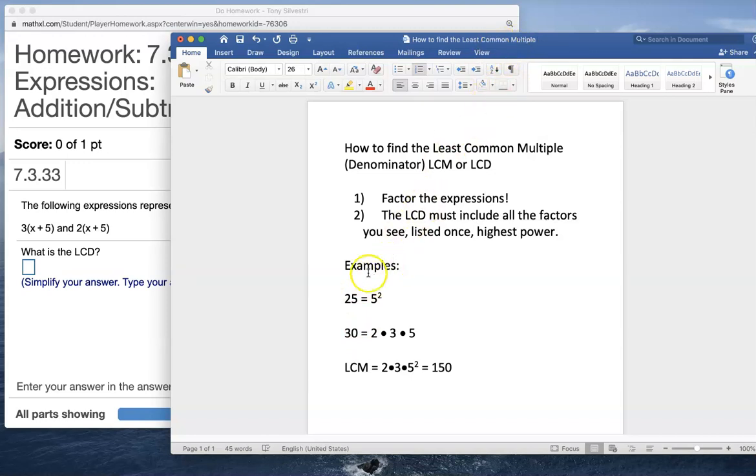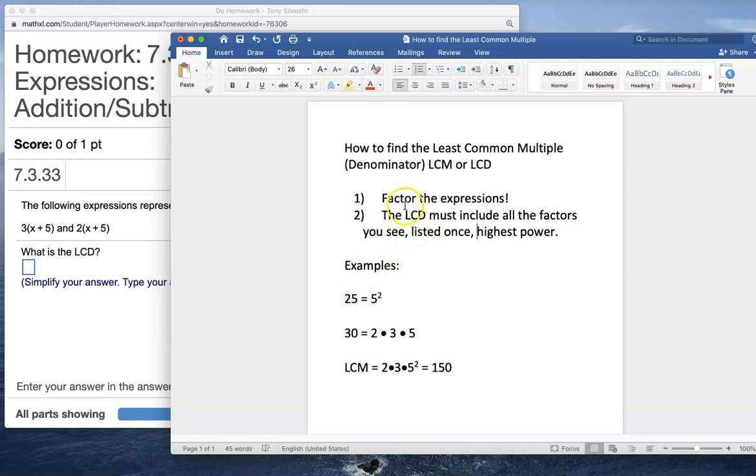Well, I could factor 25 to be 5 times 5. You remember that prime factorization that you did way back in basic math? You can break down any number as a series of prime numbers. So 25 is equal to 5 times 5, and 30 happens to be equal to 2 times 3 times 5. I don't think there's any argument with that.